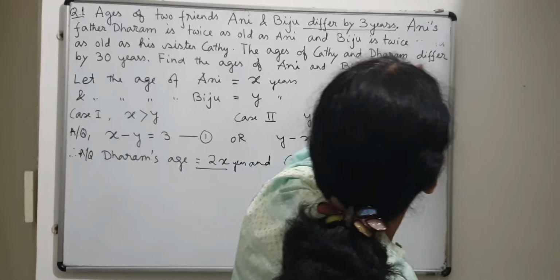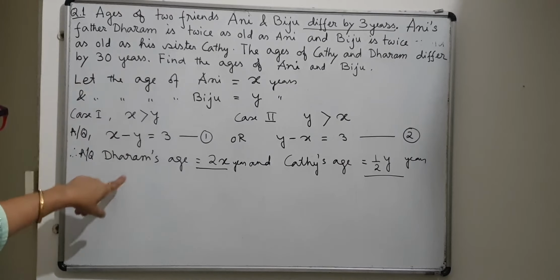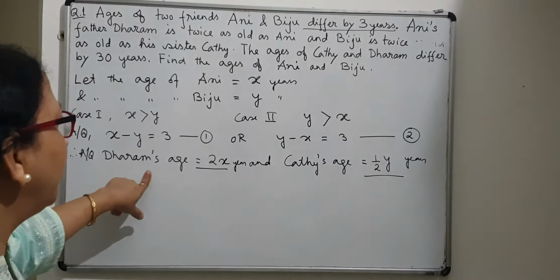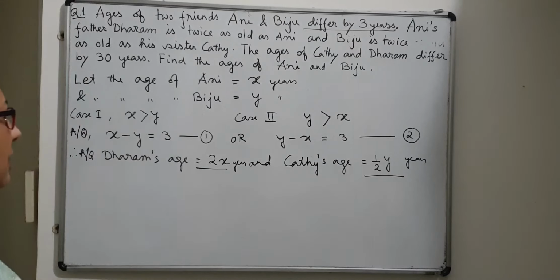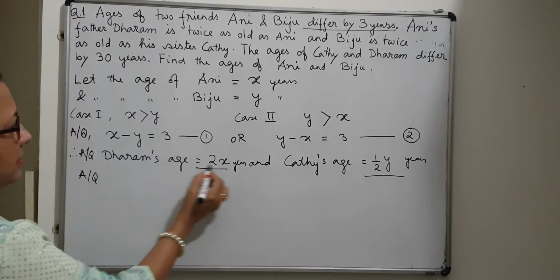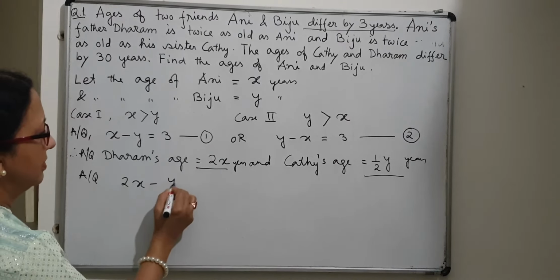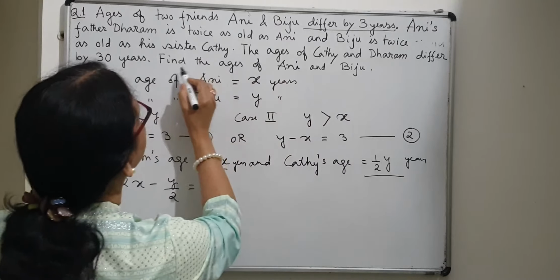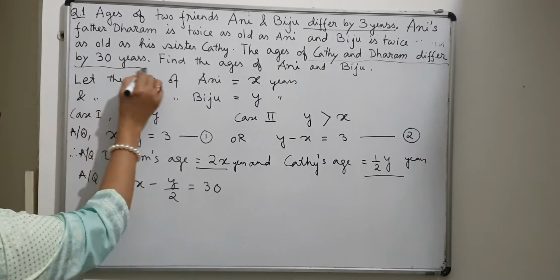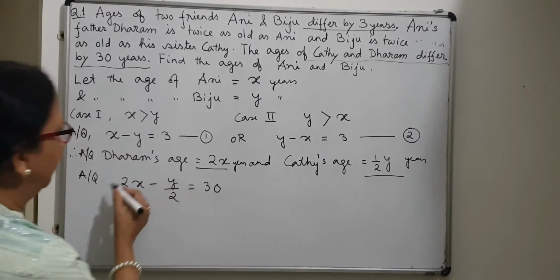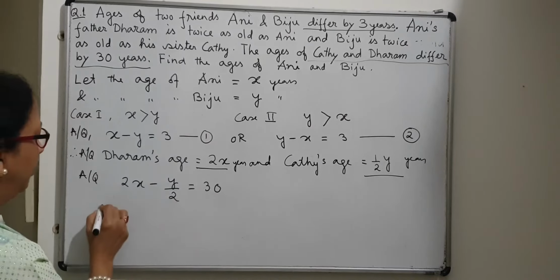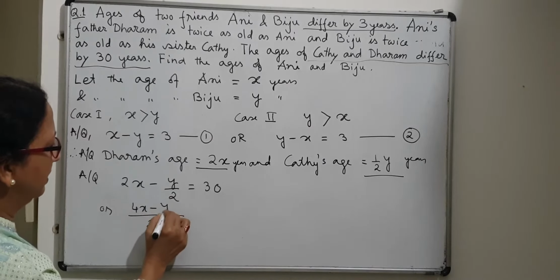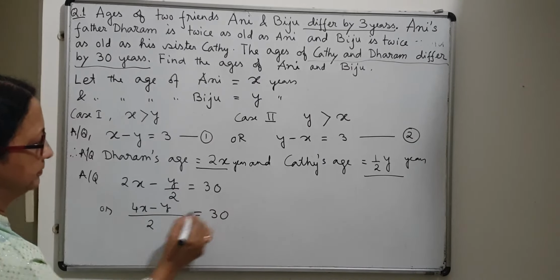The ages of Kathy and Dharam differ by 30 years. Now obviously Dharam is the father of Ani and Kathy is the sister of Biju, so the age of Dharam will be more than the age of Kathy. So there is no ambiguity. We can write according to the question, Dharam's age minus Kathy's age is 30. So before that, let me write it in simplified form, or take LCM: 4x minus y over 2 is equal to 30.